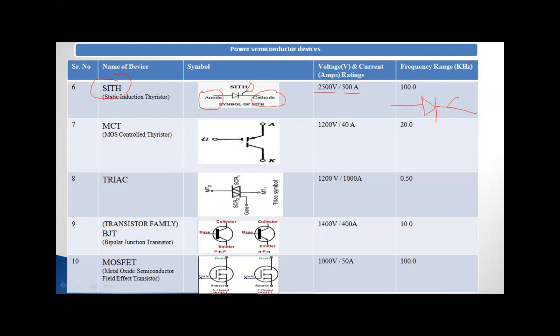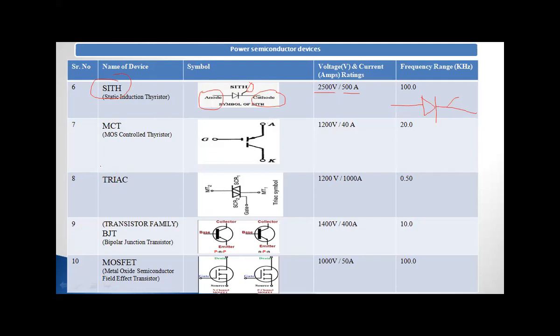This one. It also has three terminals: gate, anode, and cathode. But the construction looks like a transistor, while the terminals are those of a thyristor: anode, cathode, and gate. It is considered in the thyristor family. It is also one of the members of the thyristor family.